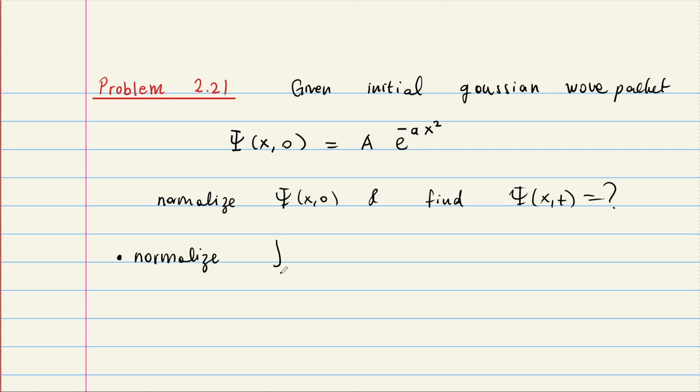We need the integral from minus infinity to plus infinity dx of the absolute value of psi of x comma 0 squared to be 1. And if I assume A to be real, this is A squared times the integral from minus infinity to plus infinity dx e to the minus 2a x squared.